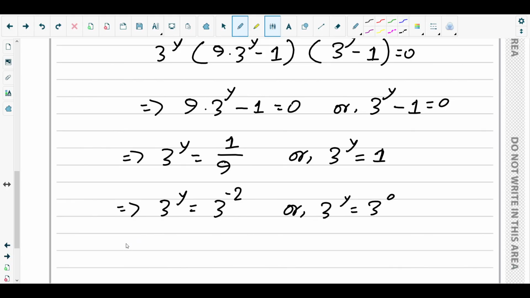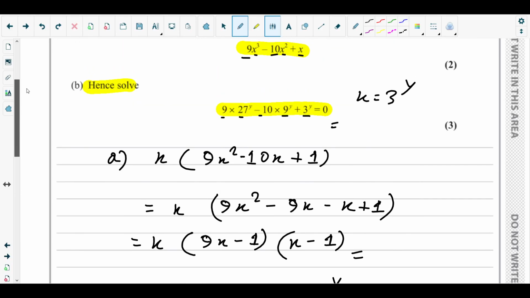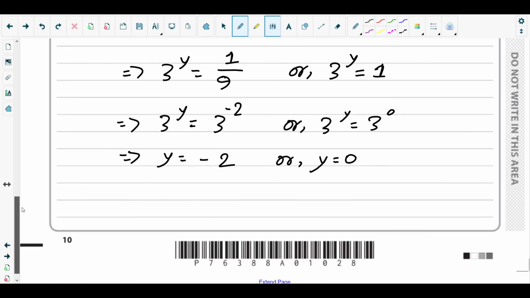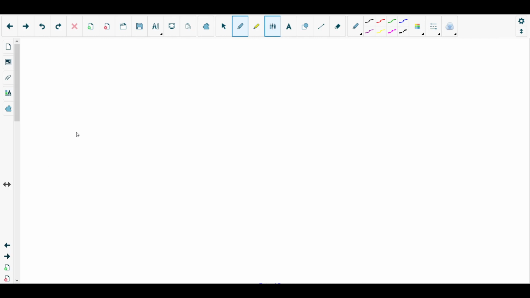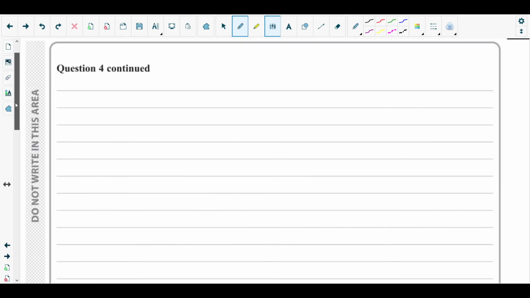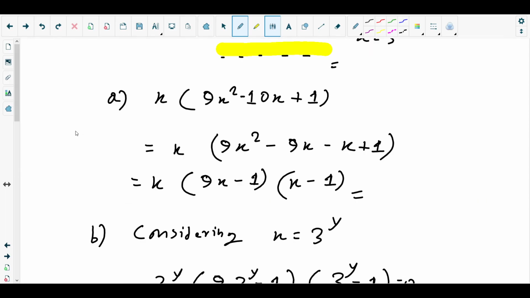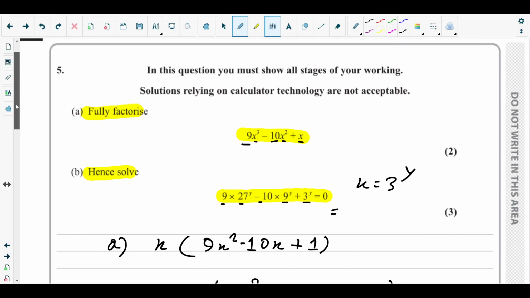The bases on both sides are the same, so they cancel out, and you'll get y equals negative 2 or y equals 0. So the solutions to the given equation are y equals negative 2 or y equals 0. This is all about question number 5 from the May 2024 P1 regional paper.